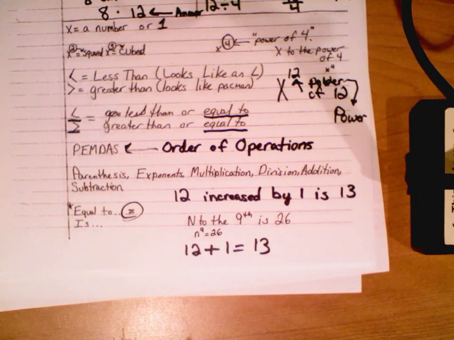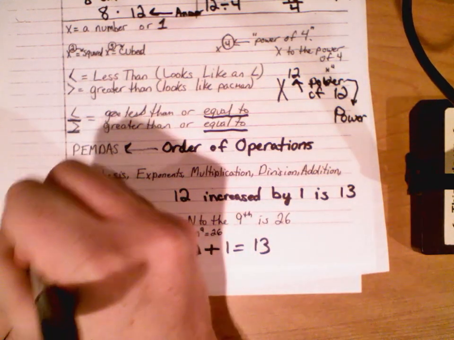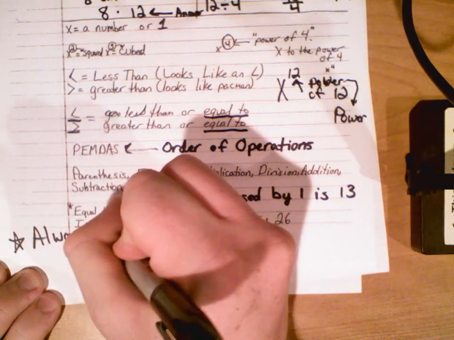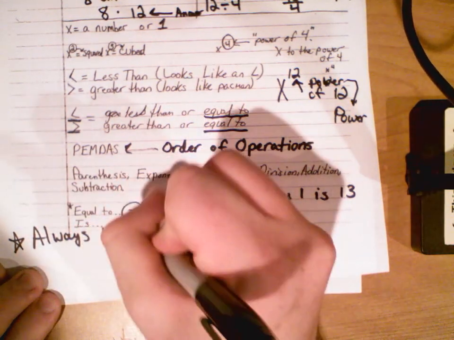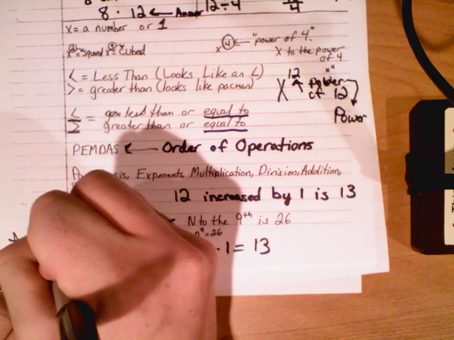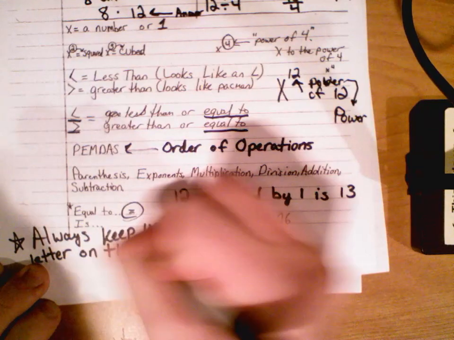Again, the biggest things that I would like you guys to focus on when you are solving these problems, always, always keep your variable or your letter. I'm going to write it as this. Always keep your letter on the left, okay?